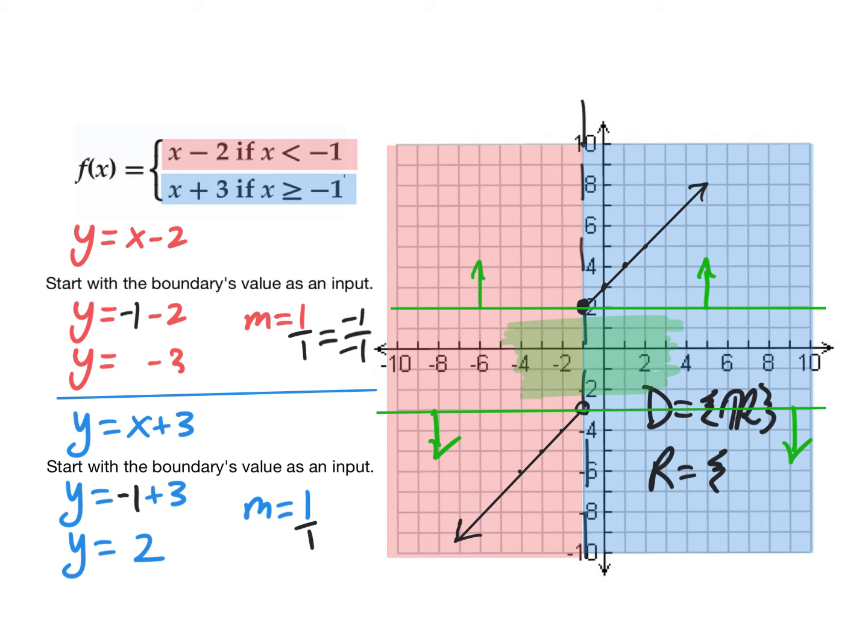Okay? So what is the inequality for the top graph for the range? f of x is greater than or equal to 2. That's the y value, right? So right here, the y value is 2. f of x is greater than or equal to that.